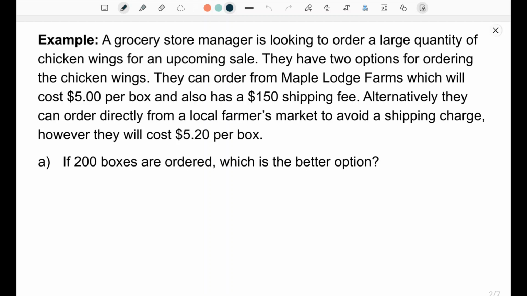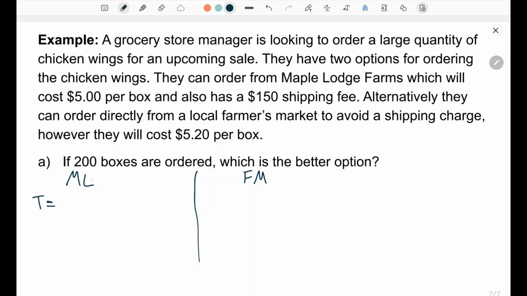Okay, so these first couple of questions, let's just go over what's the better option given a certain number of boxes we want to order. So let's say we want to order 200 boxes. I'll label one Maple Lodge and the other one the farmer's market. We can calculate the price for each of them. I'll use T for total price.